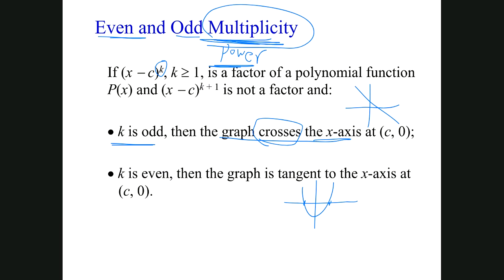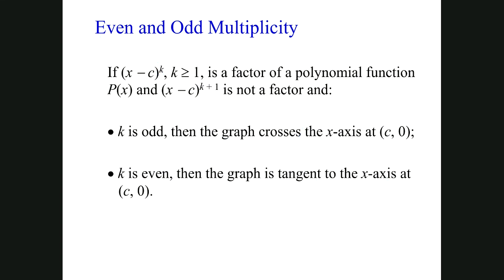So if we have y equal to x squared minus 4, all right, let's look at a little bit more concrete one in here. So if you have a power k that is odd, this is cross. Cross means, look at this one right here, x equal to 2, right?